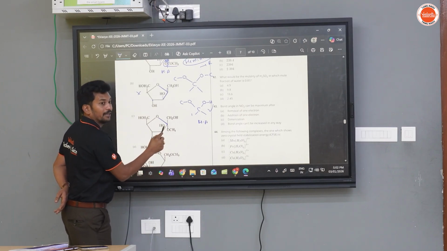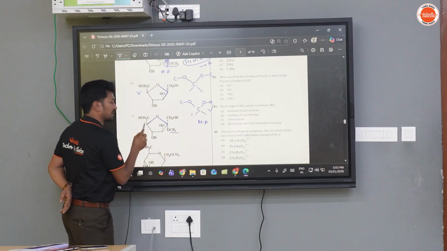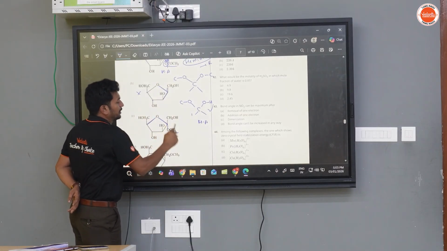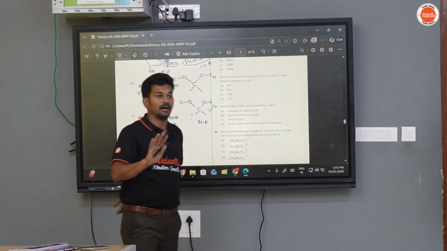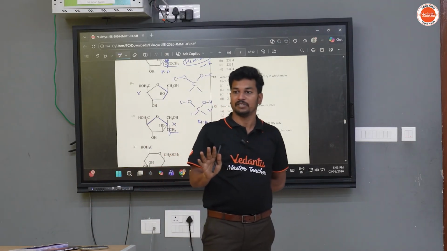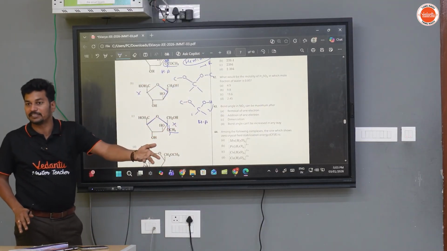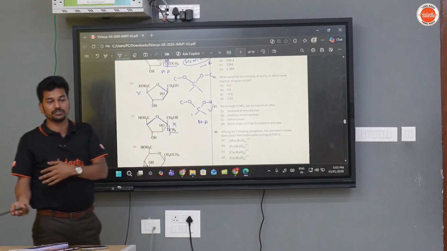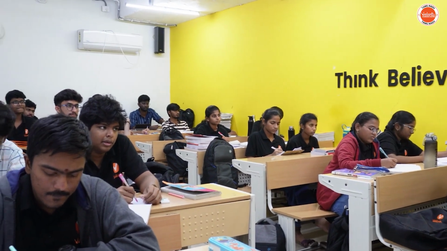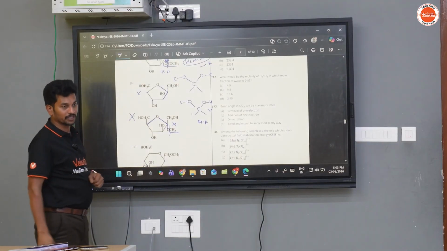So will it be hemiacetal or acetal? It is acetal, because CH3 is directly attached and carbon is attached. So in aqueous solution, will it undergo hydrolysis? No, not possible. Ether won't undergo hydrolysis in alkali aqueous medium. That's why it will remain like that. So will it be hemiacetal? No, it will remain in the acetal form. Will it reduce Tollens reagent? No, it won't be a reducing sugar. That's why there was some confusion with this, but this is also not a reducing sugar.